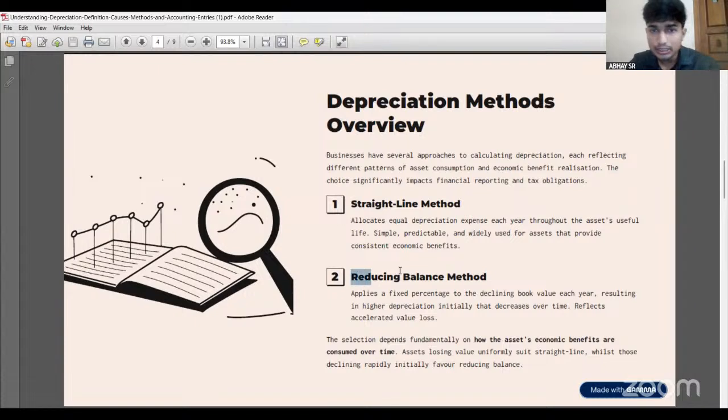Now moving to the other method, that is reducing balance method. It applies a fixed percentage to the declining book value each year, resulting in higher depreciation initially that decreases over time. I have made another presentation for this. Just a minute.